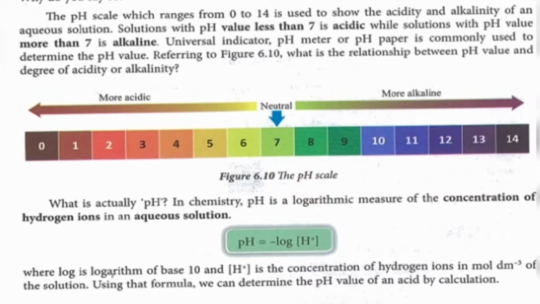Okay, here the logarithm of base 10 is used, and this one is the concentrations of hydrogen ion, in the unit mole per cubic decimeter. So using this formula, we can find the pH value of an acid.